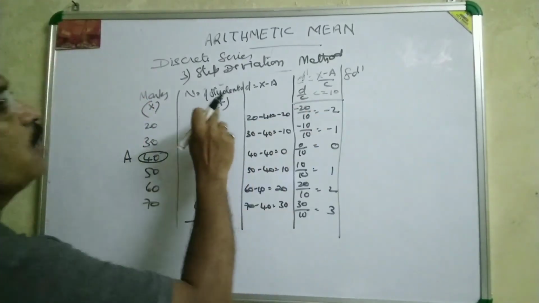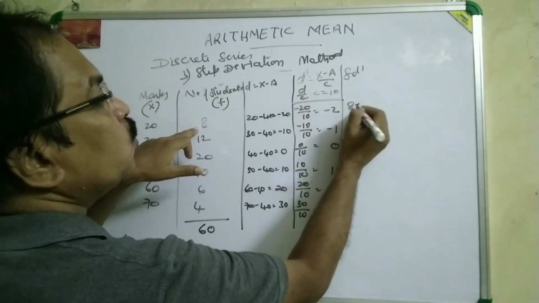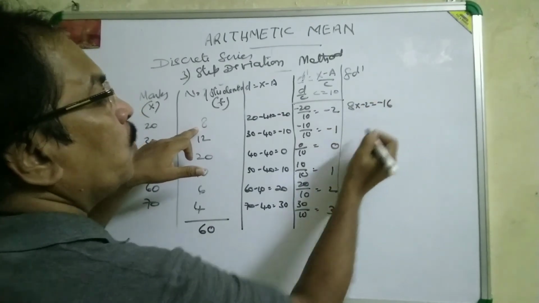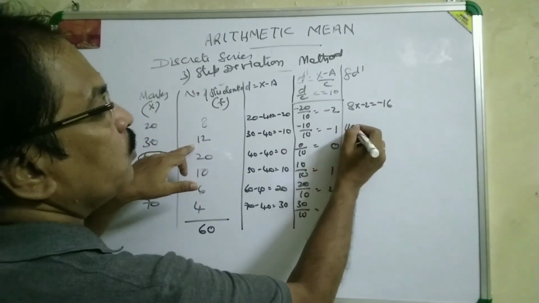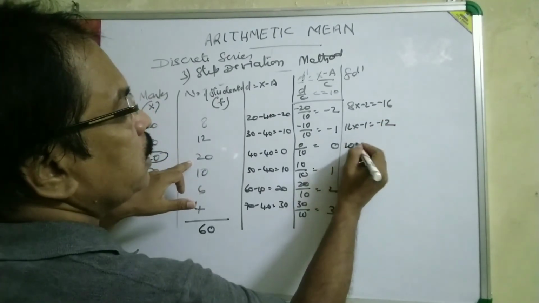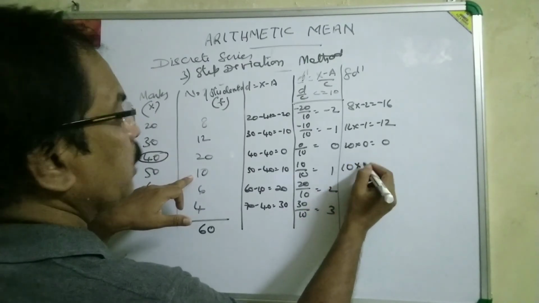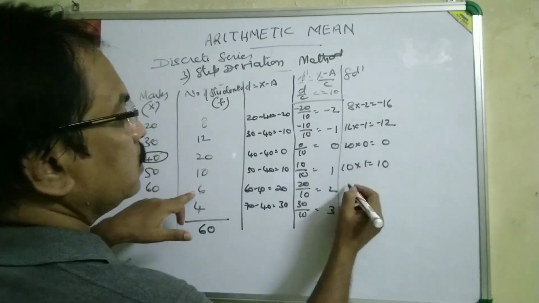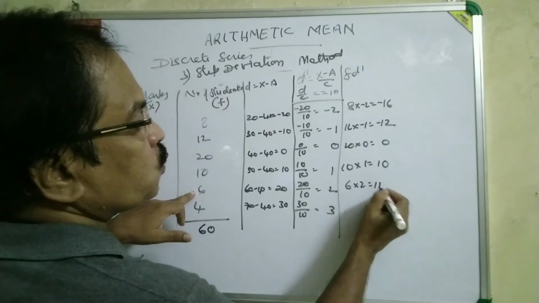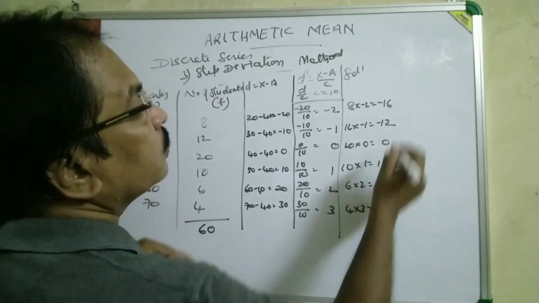So f d dash means f into d dash. So that is going to be 8 into minus 2, minus 16, 12 into minus 1, minus 12, 20 into 0, 0, 10 into 1 is 10, 6 into 2 is 12, and 4 into 3 is 12.